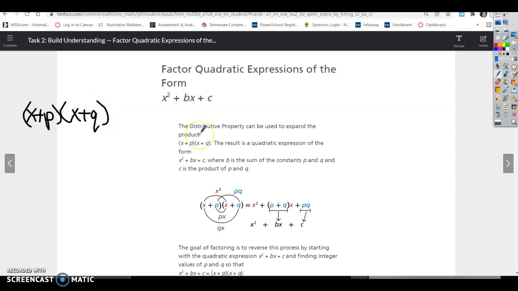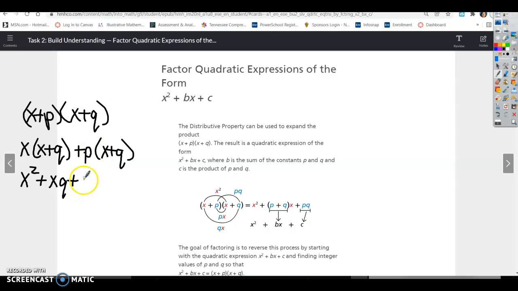If we use distributive property, some of you use the box method, some of you just multiply by each thing. I take my first term, x, and multiply it by both of these, and then I do the second term, p, times both of these. So x times x is x squared plus xq, and then plus px, so I'm going to put xp, and then plus pq.